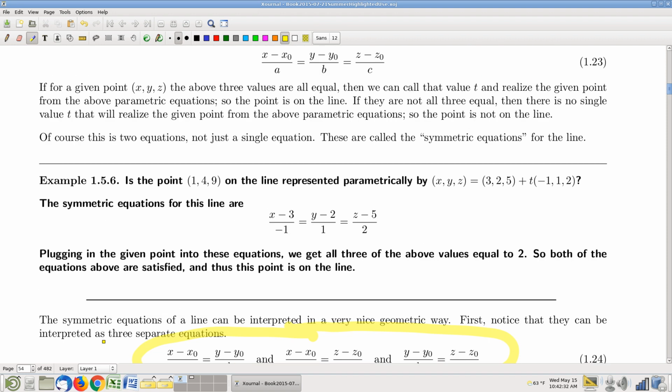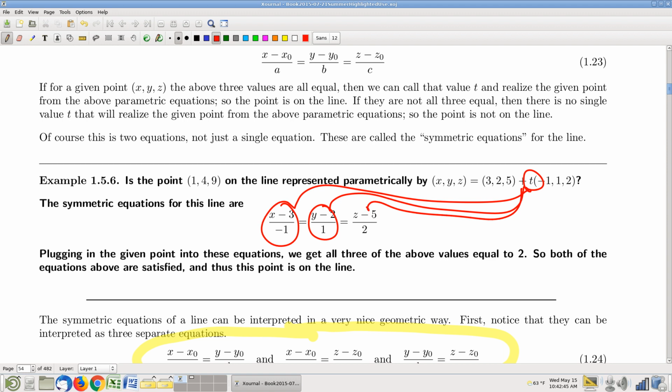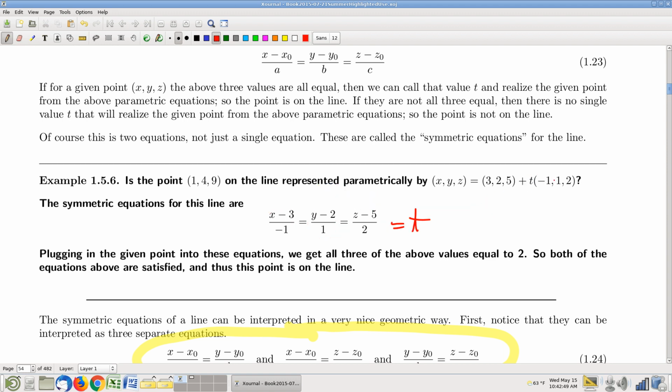So, quick example. Here's a parameterization. What are the symmetric equations? Well, t has got to equal that, and it's got to equal that, and it's got to equal that. All of these things have to equal t, and therefore all of these things have to equal each other.